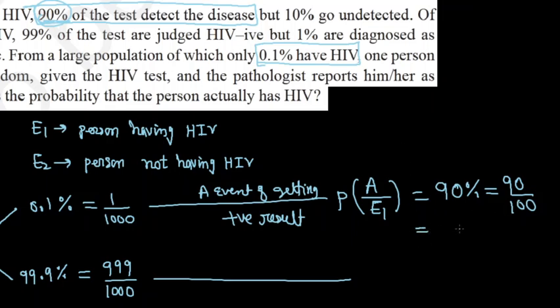Can I write it in terms of a 1000 denominator? So 900 by 1000.